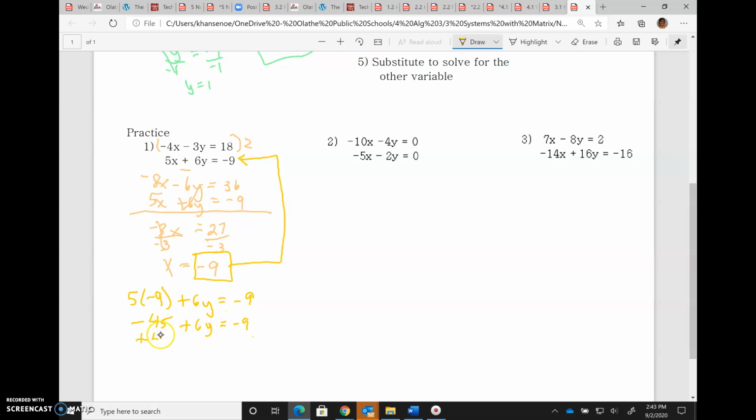I add 45 to both sides. 45's cancel. I get 6y equals 36. Divide by 6. y equals 6. So my answer is negative 9 and 6. Awesome. You guys are doing a great job.